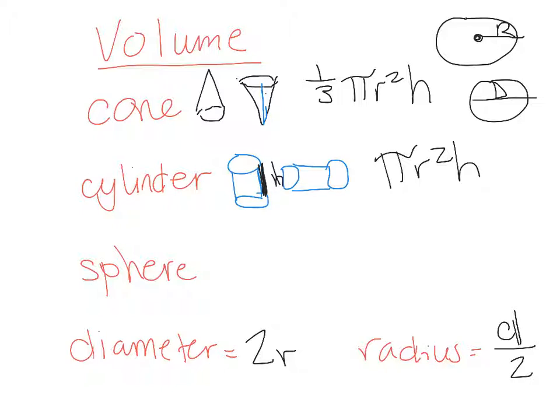And then pi. For all of these, they'll tell you in the directions to use 3.14 for pi or use the pi symbol. Really, it doesn't matter which one you use. You end up getting very similar answers.